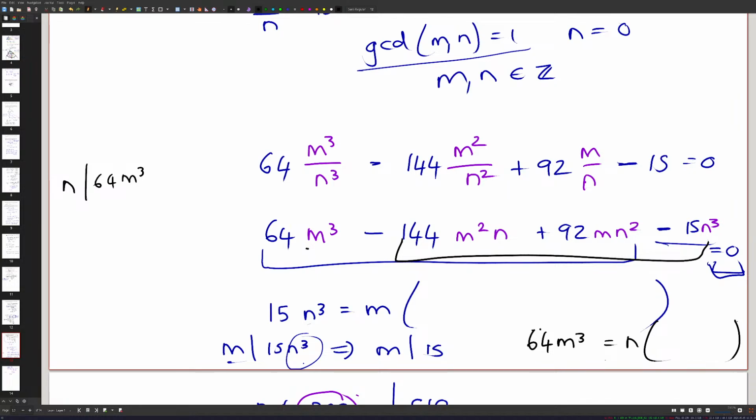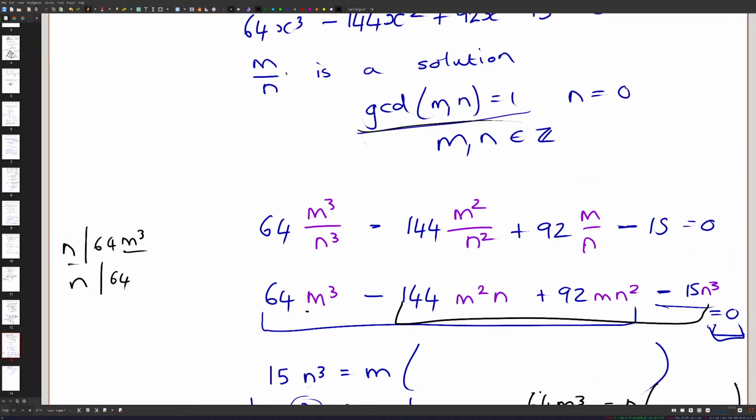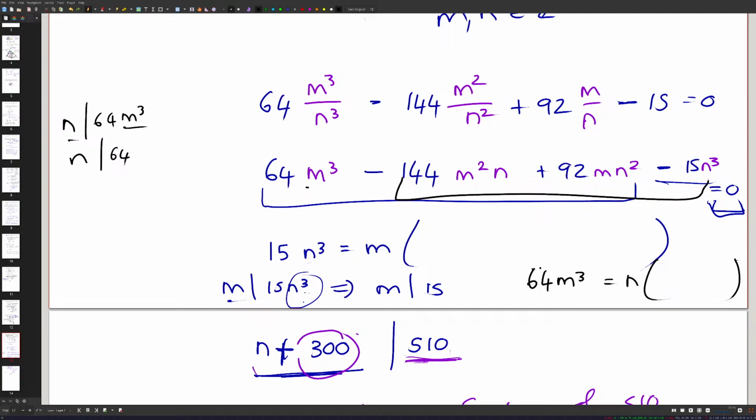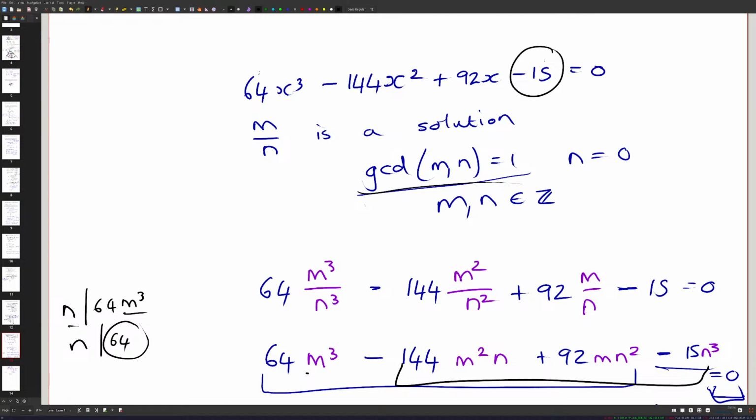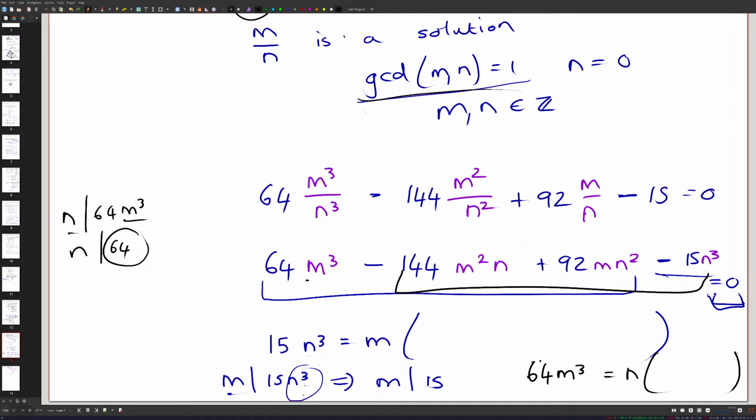And because n and m have got no factors in common, this means that n divides 64. And so for any possible rational number that's a solution, the numerator has to divide 15, this constant term, and the denominator has to divide 64, the leading coefficient. And if you work this out in general with any polynomial, you'll come to the same conclusion.